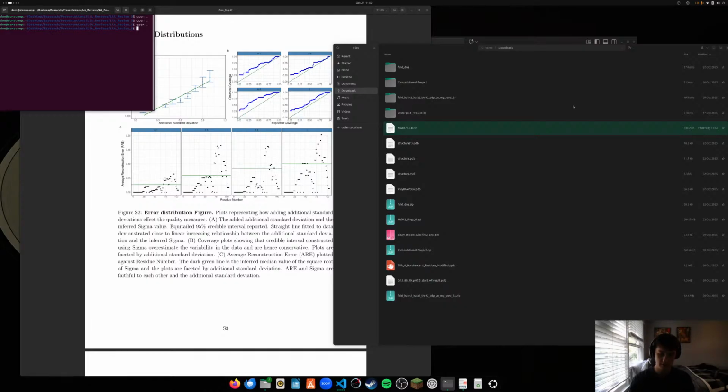State what would happen if we didn't do these things and why it would be wrong. Alright, let's see if we can do that. I misspelled modified. That sucks.